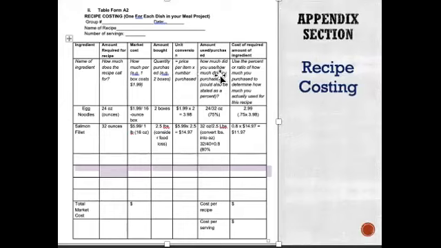Amount used is the amount that you use for your recipe: 1/4 of a cup, 2 cups, 3 cups, 5 cups of whatever, or it could be in pounds, 3 pounds, 2 ounces, 22 ounces, 44 ounces, whatever it was. You're going to go into that column, and finally, you're going to calculate the cost of the amount of the ingredient that you used.